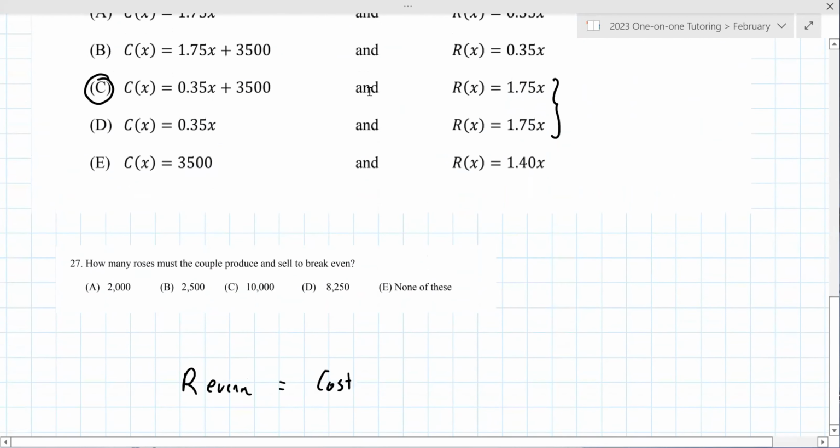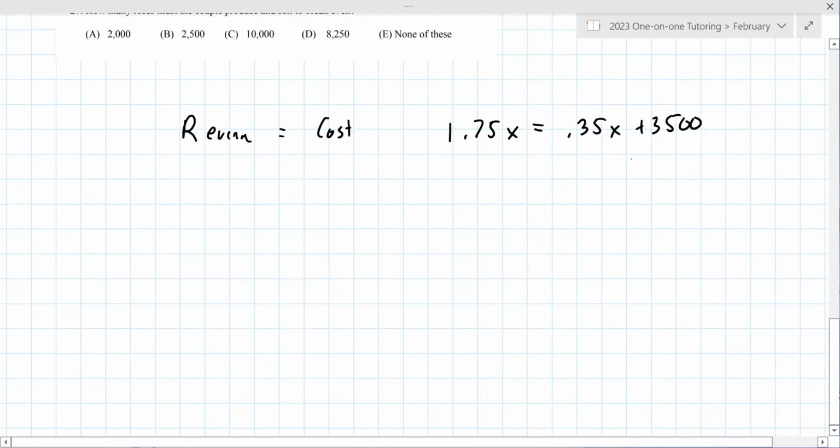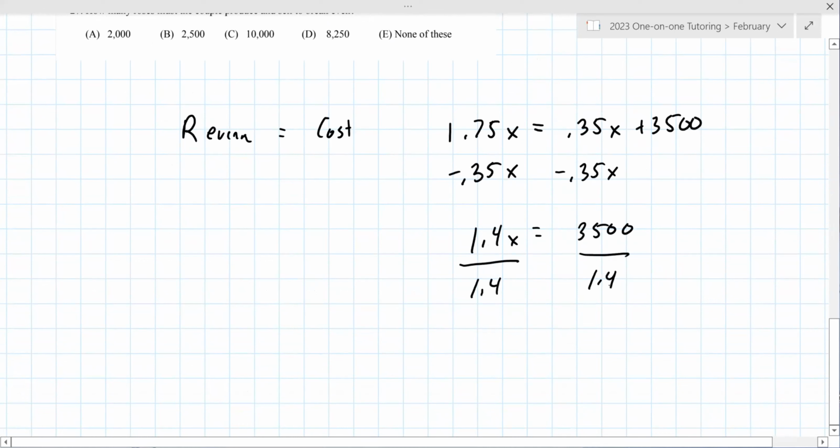So these two equations, 1.75x equals 0.35x plus 3,500. So we're setting revenue equal to cost, and then we're going to subtract 0.35x from both sides. So that's 1.4x equals 3,500. Divide both sides by 1.4.